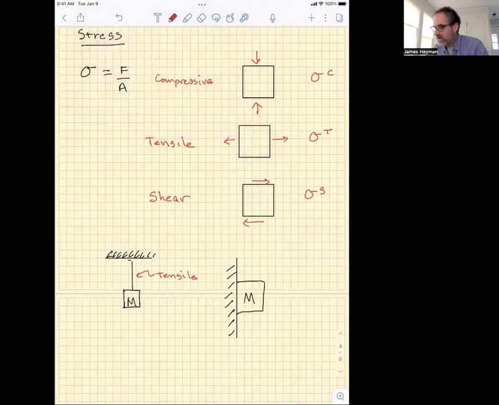Then the weight of the object acting on the wall where it's attached is an example of shear stress. All right? In particular, the glue that's joining them together, let's say, if it's glued to the wall, the glue would be under shear stress.